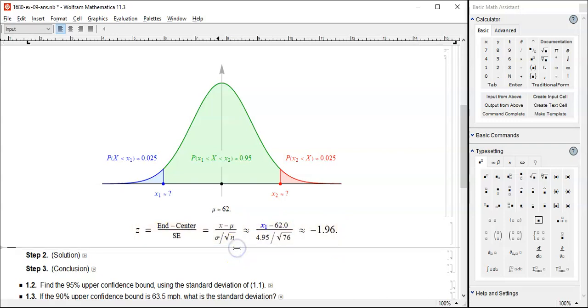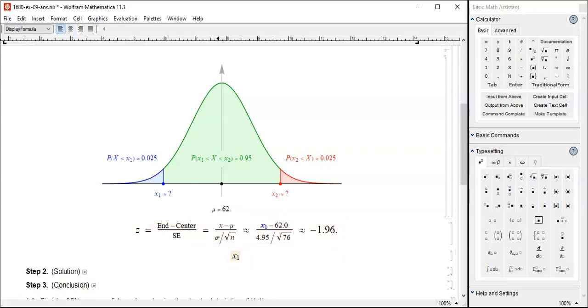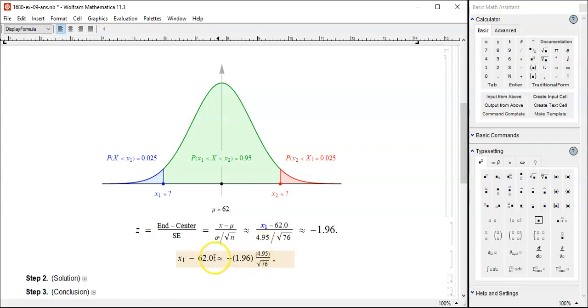Not too bad. First, flip this denominator to the other side, times this one to the other side, and then I can flip this one over to the other side.